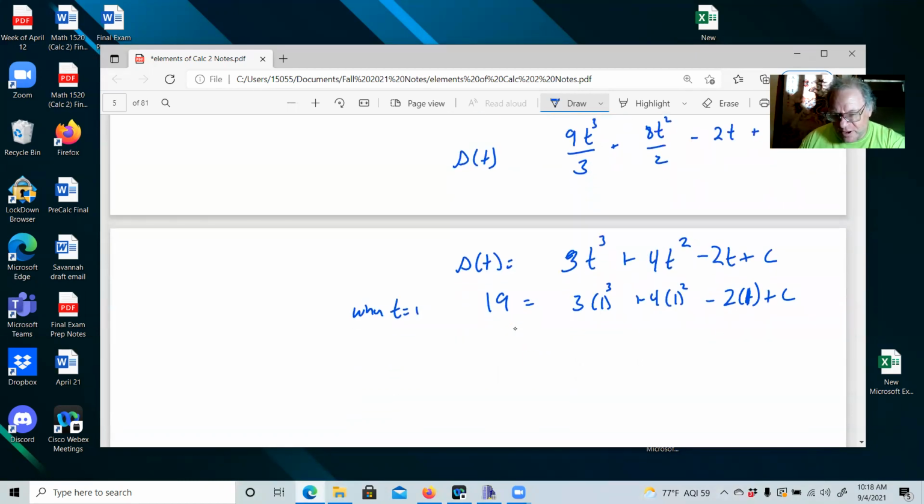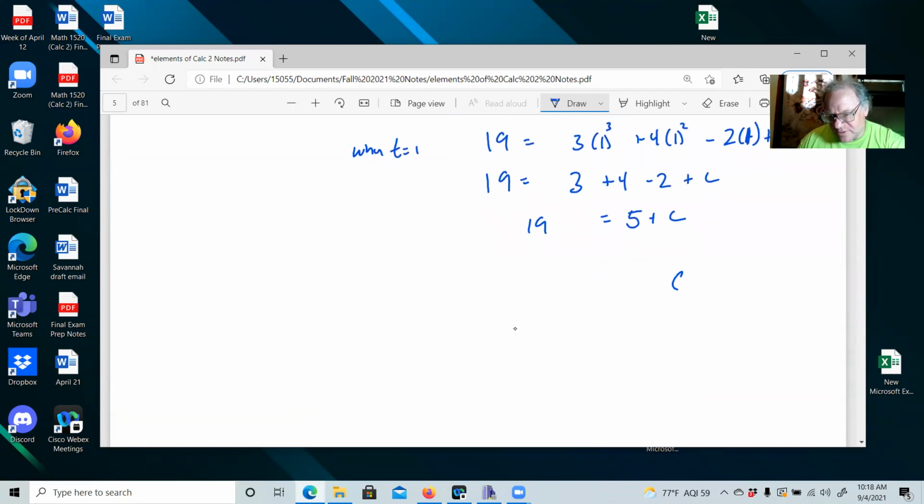So here we have 19 is equal to 3 plus 4 minus 2, plus c. So c is equal to 14. So my position function is 3t cubed plus 4t squared minus 2t plus 14.